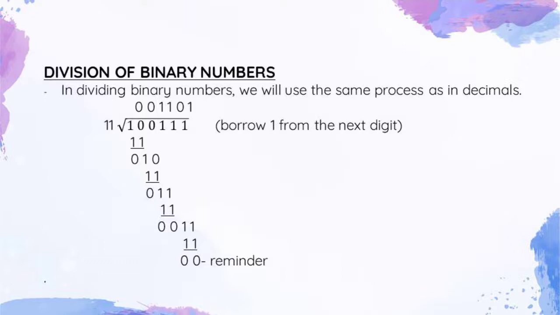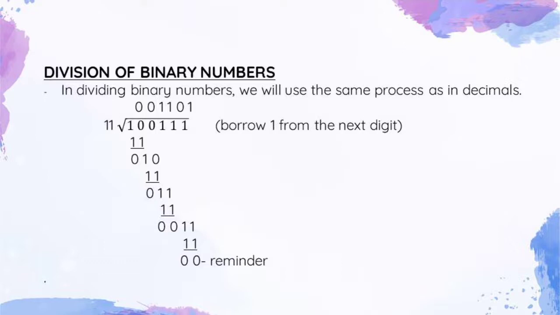So 0 times 11 is 11. So we will subtract it again: 0 minus 1 is equal to 1. 1 minus 1 is equal to 0. So 1 cannot be divided by 11, so we will borrow from the next digit again. So we will bring down the 1.